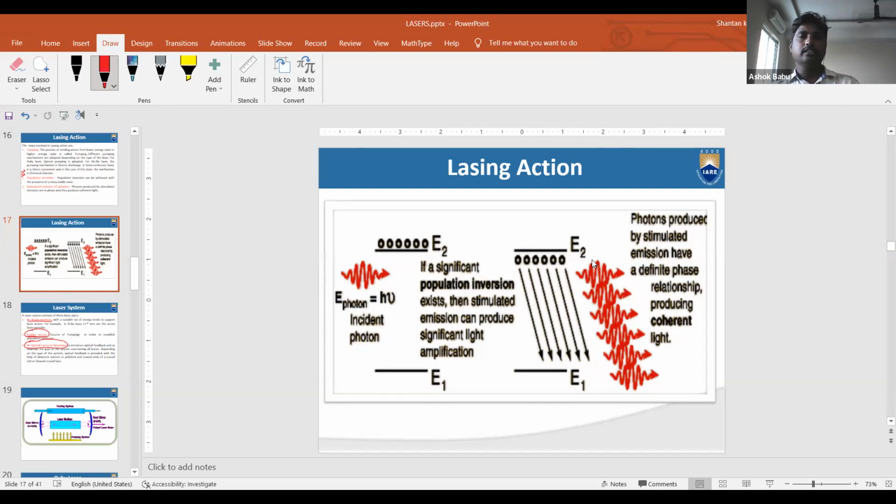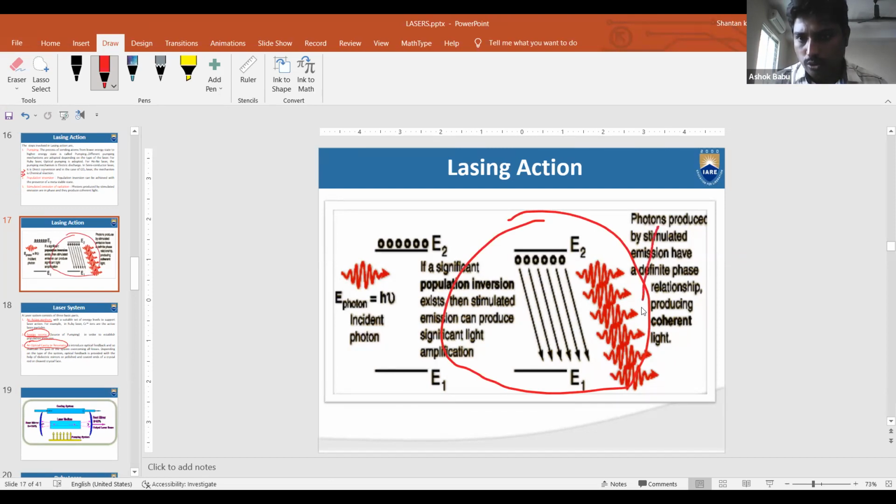After sufficient intensity, that photon energy converts into the laser beam and comes out from the output mirror, which is partially reflecting. This total action takes place within the active medium, so these energy levels are present within the active medium.